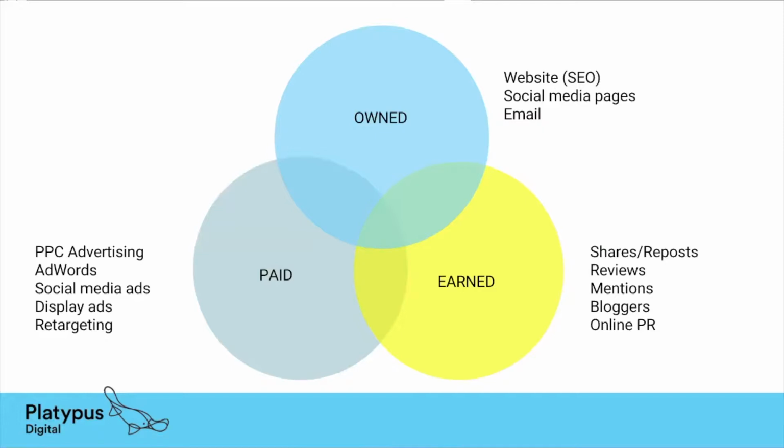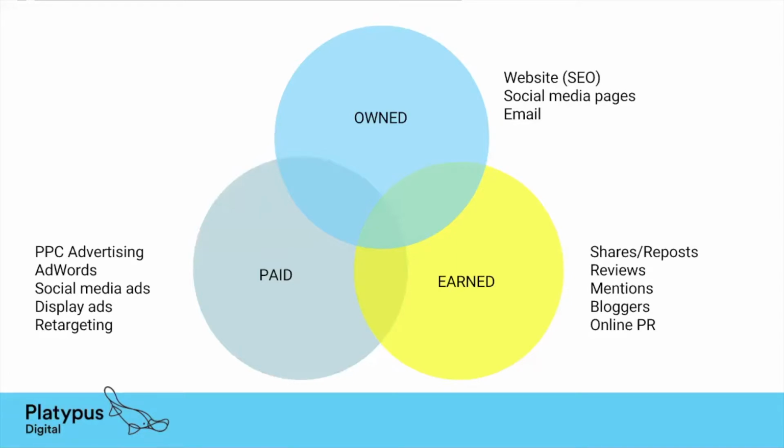So over on the paid media side, you might be using channels like PPC advertising, Google AdWords, social media advertising, that kind of thing. Over on the owned side, your website, which can be found with SEO, your social media presence, and your email provider. Those are the platforms where you own the audience, as it were.